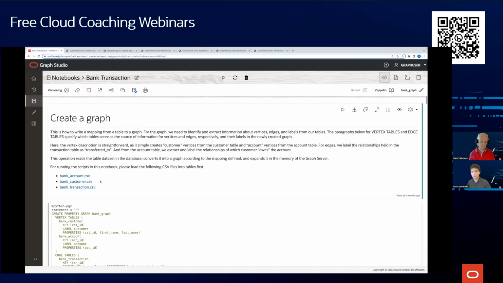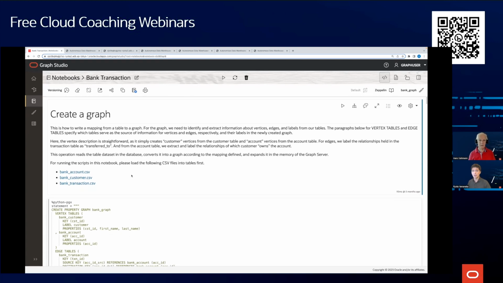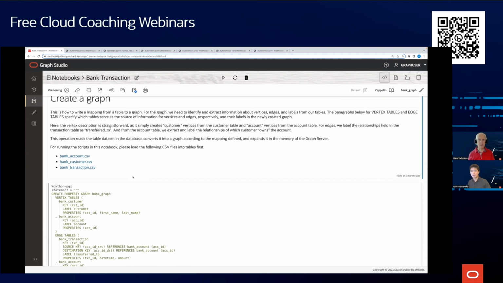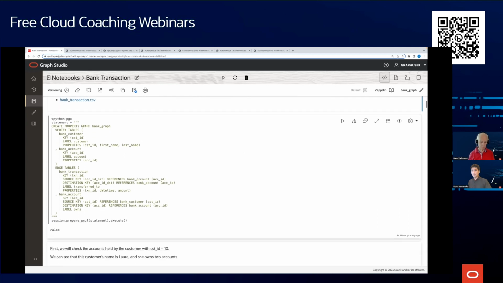And let's assume that account, customer, transaction, that information has already been loaded into the database in table format. And the first step to start graph analysis is to create a graph. Here, this is the syntax to create a graph, create property graph.